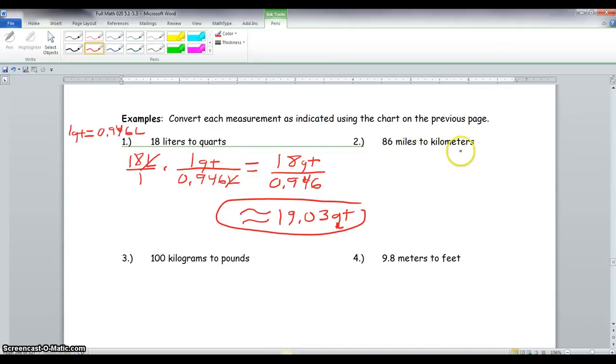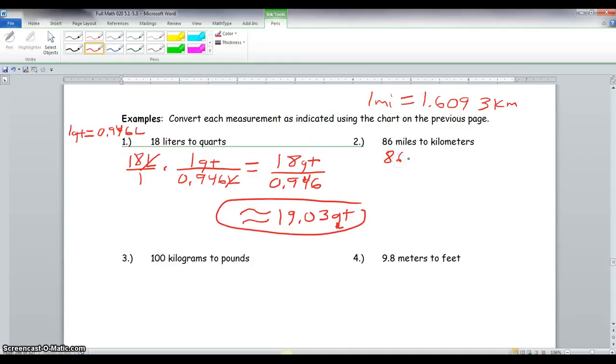We had 86 miles to kilometers. So now we look here on the conversion chart again, and you look under length. And I'm talking about the conversion chart that's right above this page on the previous page. So we have 1 mile is equal to 1.6093 kilometers. We will write this out.